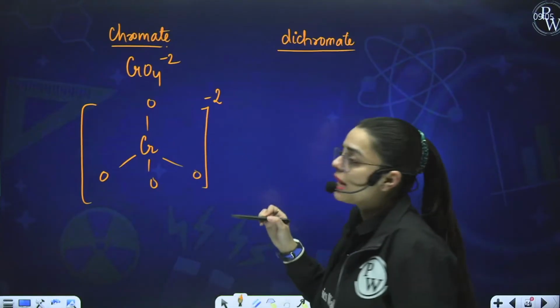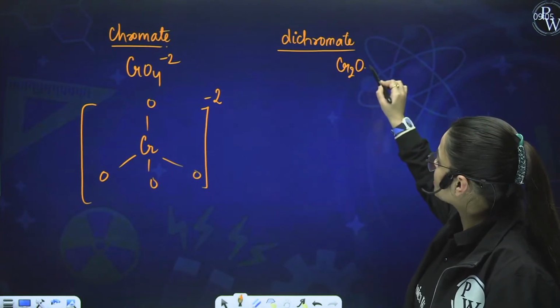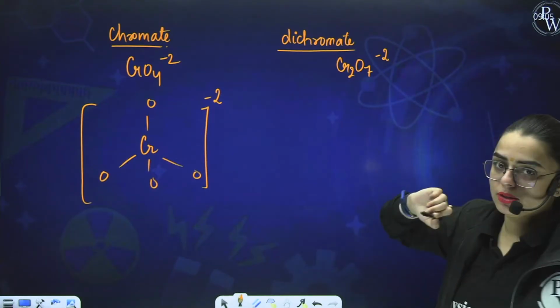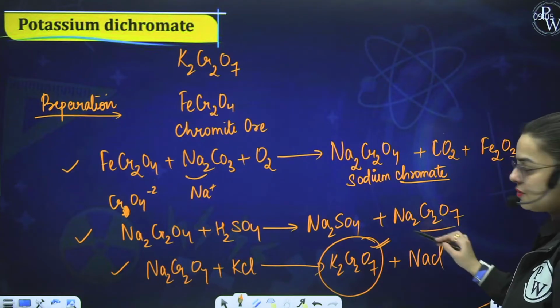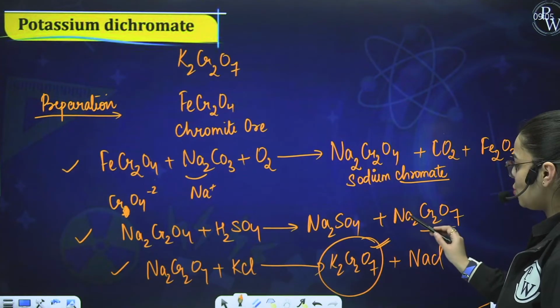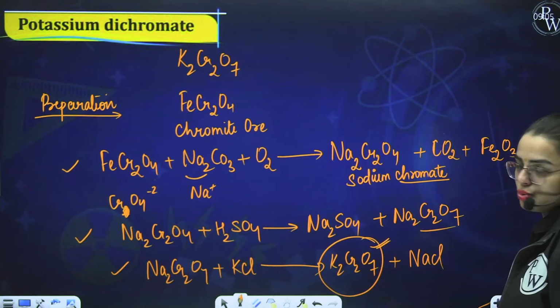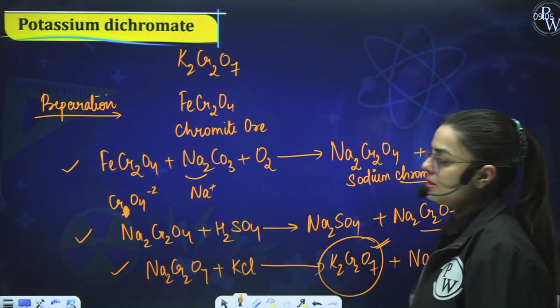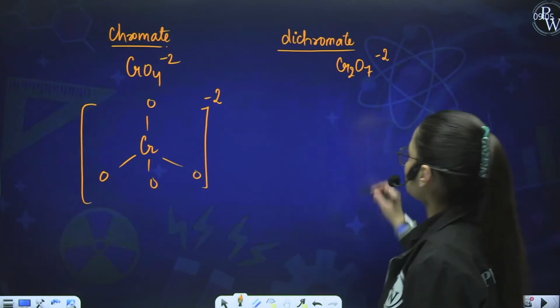Now, when I talk about dichromate, dichromate was what? It was Cr2O7, power was minus 2. Because sodium has plus 1, and here it has minus 2, so it will be minus 2. Now, students, write it over here.